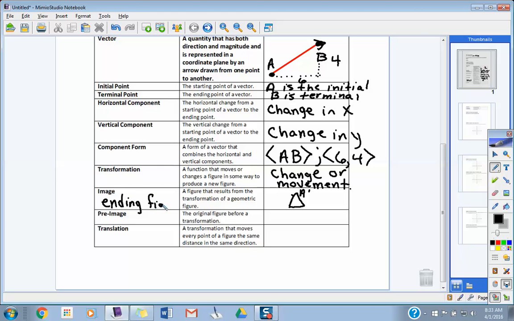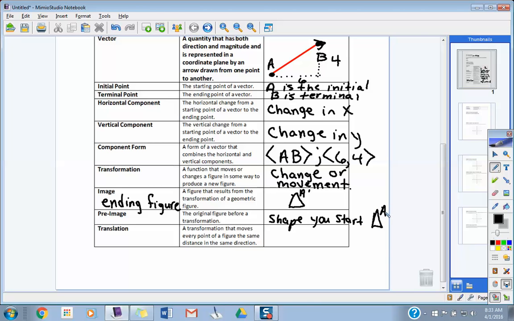So guys, if an image is something you end up with, what do you think a pre-image is? The shape or whatever you start with. Okay? Pre-image is simply the original figure before a transformation. It's the shape you start with. And if I had the triangle right here, this would be point A right here.